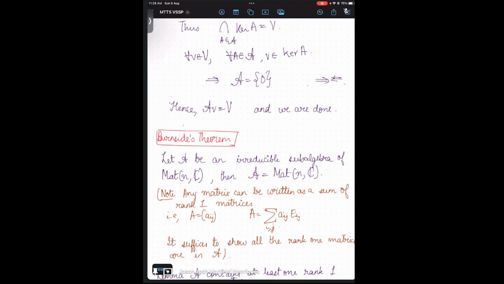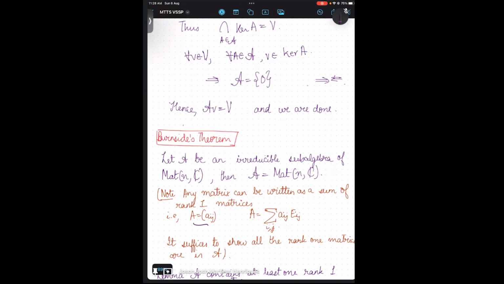So, if I have any linear map, I use linear map and matrix synonymously because you can identify them with each other. So, if I take A equals (a_ij), I can write A as summation of a_ij times E_ij, where E_ij is this elementary matrix with only 1 at the ijth position and 0 everywhere else. And then since A is a matrix algebra, it's closed under plus, and I will be able to show that everything is in fact in there.